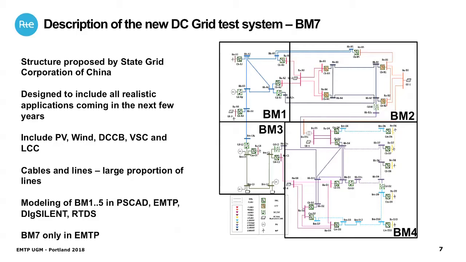It is designed to include all realistic applications coming in the next years, especially PV connection, wind farms, DC-DC converters, and compared with the previous DC grid benchmark, it also includes LCC converters connected to the same grid as VSC.